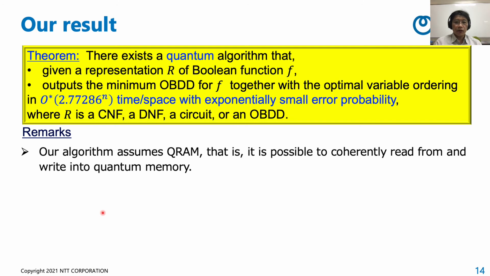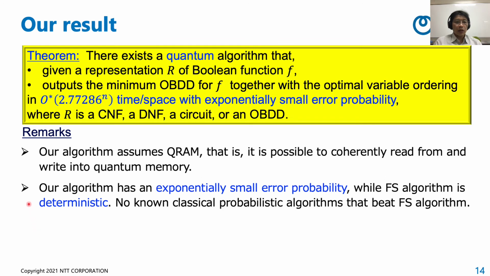We have a few remarks on this result. First, our algorithm assumes QRAM. That is, it is possible to coherently read from and write into quantum memory. Second, our algorithm has an exponentially small error probability, while the FS algorithm is deterministic.